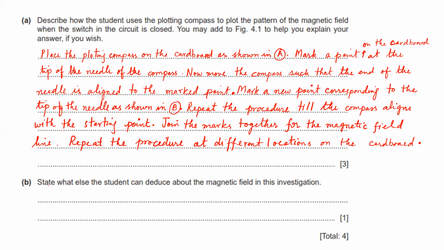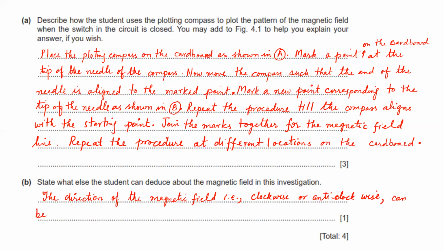So what else can the student deduce? The direction of the magnetic field, that is clockwise or anti-clockwise, can be obtained or deduced.